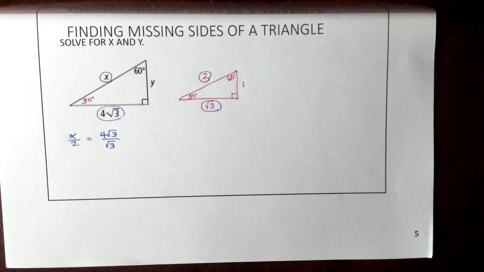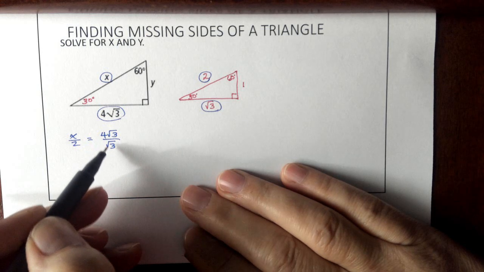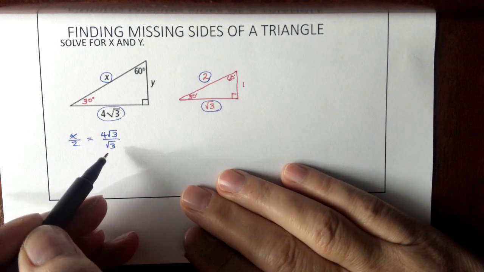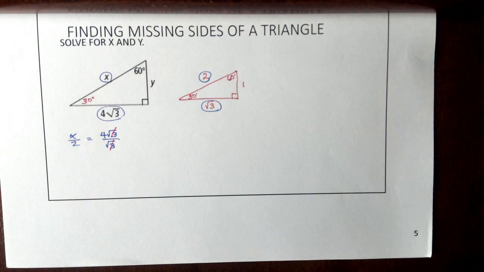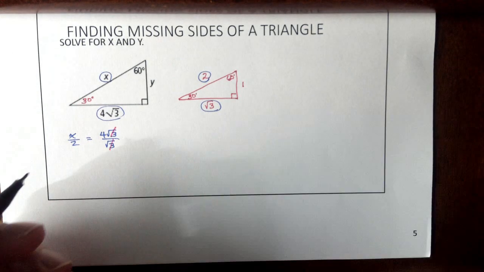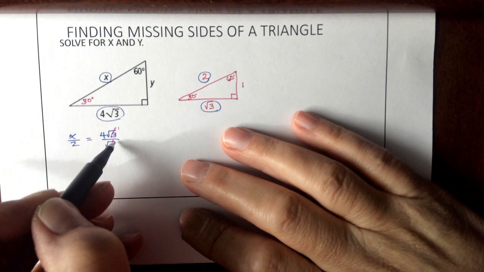Okay, now before I cross multiply on this one, I noticed something that's really handy here. I have a common radical 3 on the top and the bottom. You can cancel out common factors. Cancel out that common factor of radical 3, and that's going to give us an understood 1 over 1.